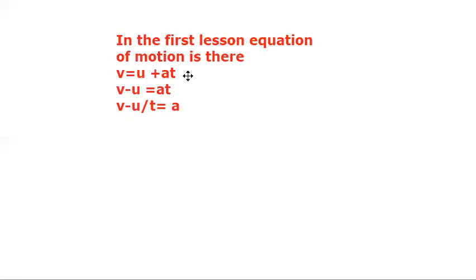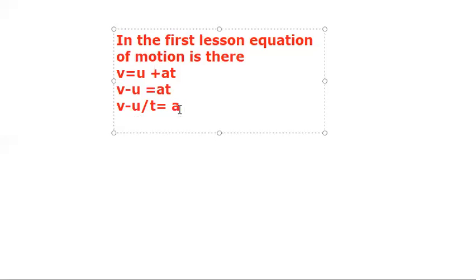Even on a bike, when you are going slowly and suddenly the speed increases, we say it is accelerated. So acceleration is the change in velocity. So v is equal to u plus at. Transposing u to that side, v minus u is equal to at. Transposing t also, (v minus u) by t is equal to a.